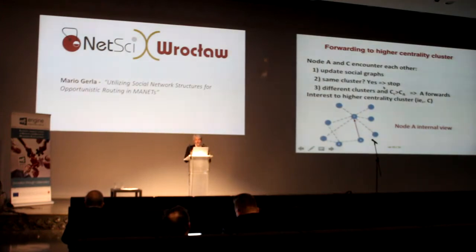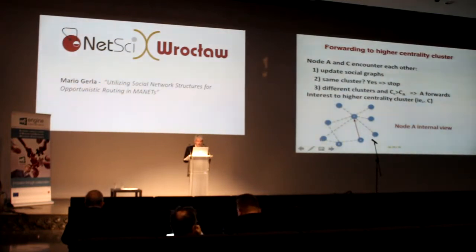So, we use basically these clusters to reduce the overhead, otherwise you take baby steps to go to the top, transmitting to nodes with just incrementally better centrality. We want to take bigger steps. So if node C belongs to a different cluster, then of course you forward your message to this node.